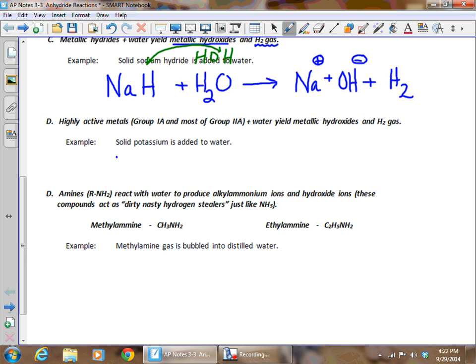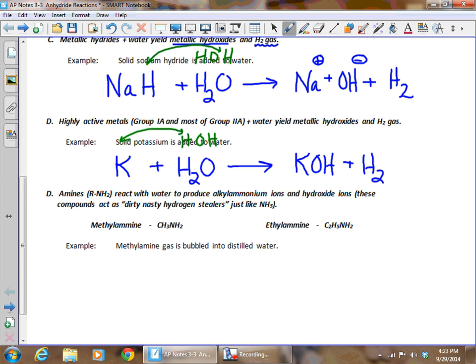So take solid potassium, for instance, we add that to water. If we think about this being a single replacement reaction this time, writing this as HOH, what we end up with when we take that potassium and replace or take out that hydrogen is hydrogen off by itself, hydrogen gas again, and the K and the OH are together.